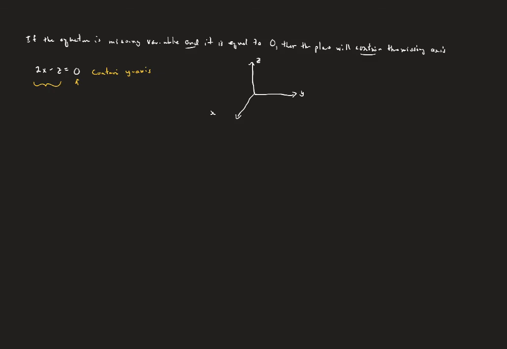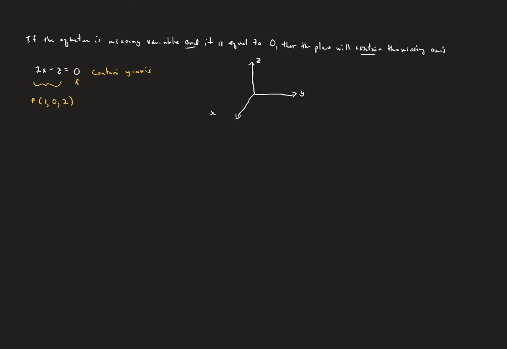That isn't going to work. So if I choose 1 for x, I can choose anything I want for y, but I'm going to pick 0 to make things simpler. Then if I choose 2 for z, then 2 times 1 is 2, minus 2 is 0. That will be a true statement, so that point is on the plane.